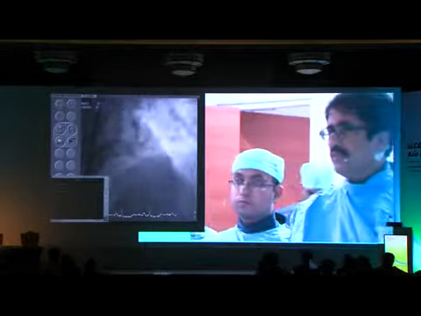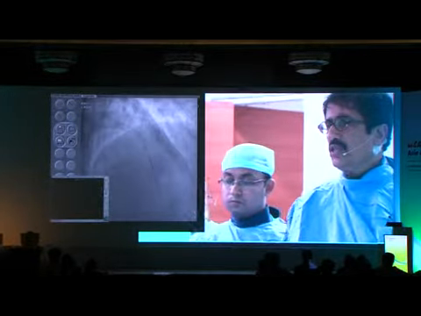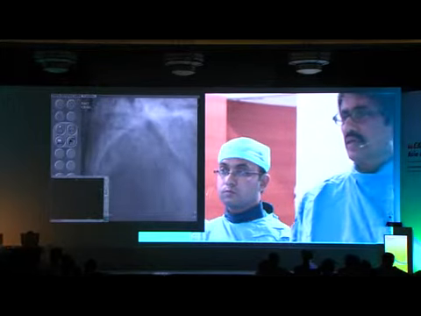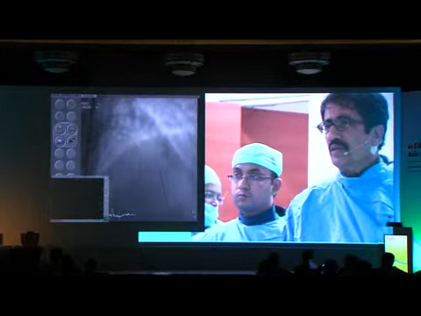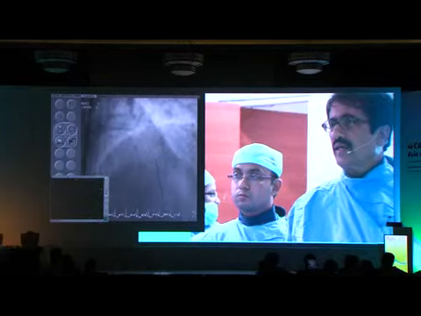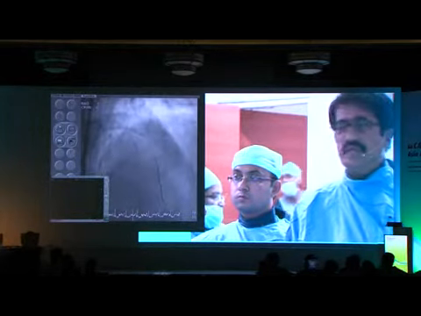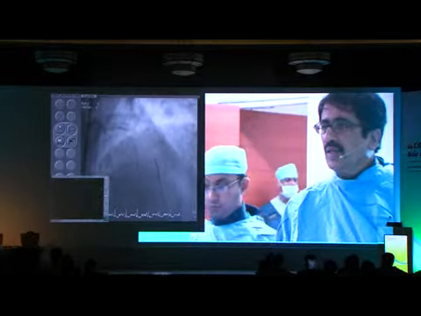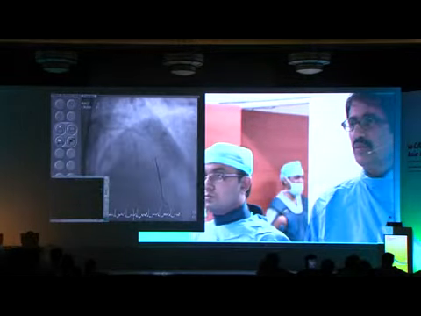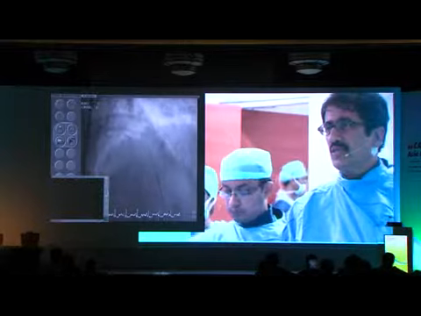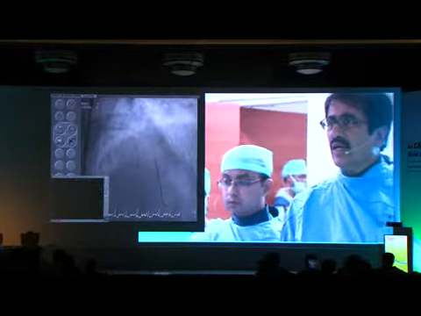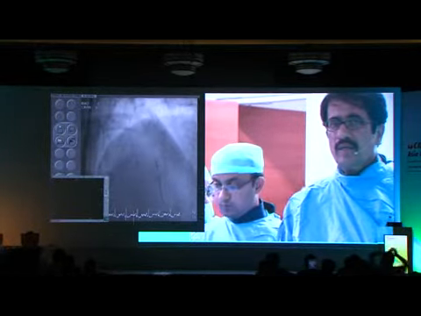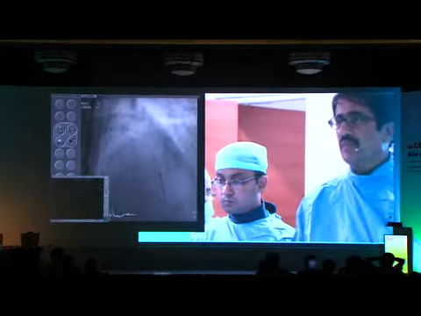This is a BMW going into the diagonal, and this is a mini trek balloon from Abbott. This is one of our favorite balloons for difficult CTOs, and we go up to high pressures.